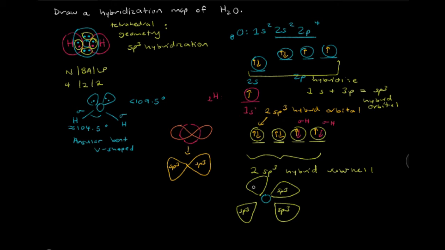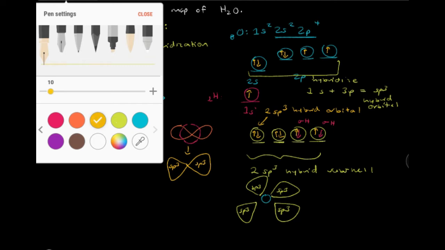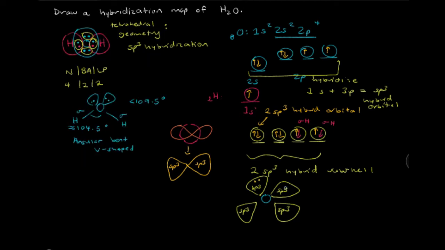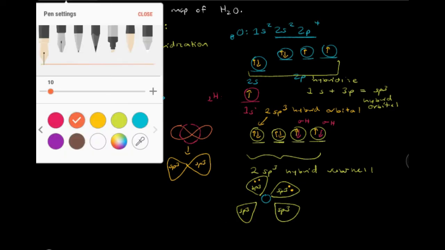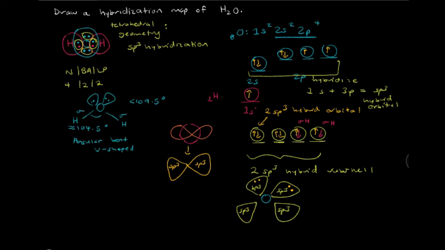So it kind of looks like a 4-leaf clover, but our electrons will have 2 electrons located here, 2 electrons located here. Those are our lone pairs, and this sp3 hybrid orbital will then make a sigma bond with the s orbital of hydrogen. So this is hydrogen, and here's another hydrogen. Okay, so these are both s orbitals.